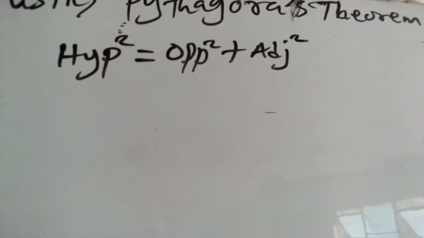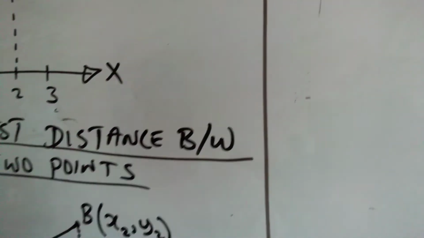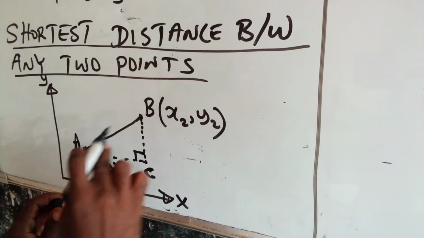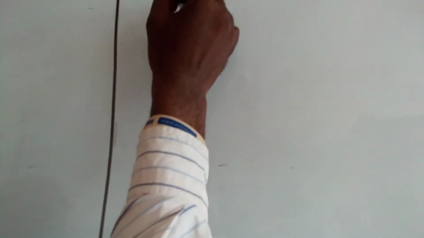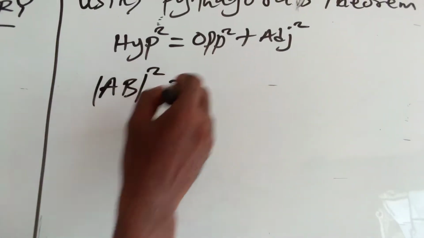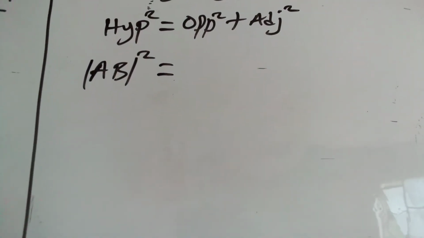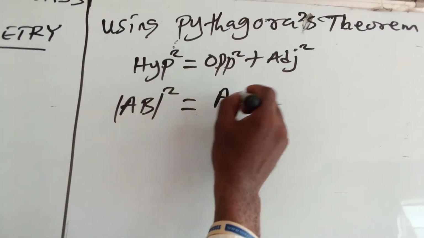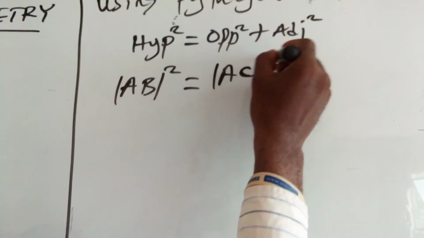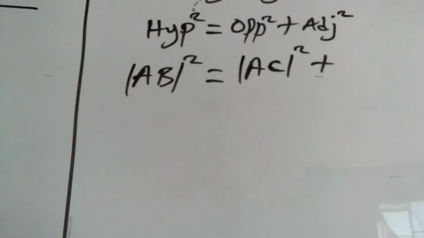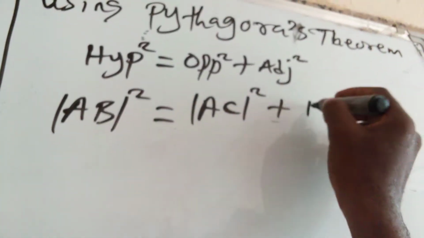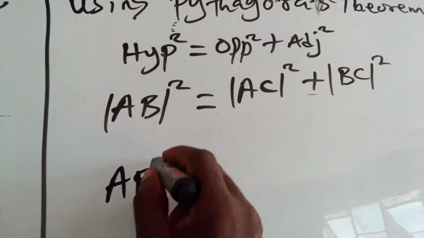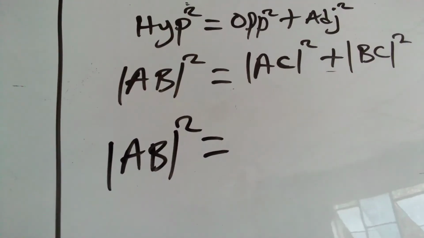So hypotenuse is this side that is facing 90 degrees, and that is what we are looking for, the shortest distance between A and B. So we now see that this AB square, which is my hypotenuse, will be equal to AC square plus BC square.